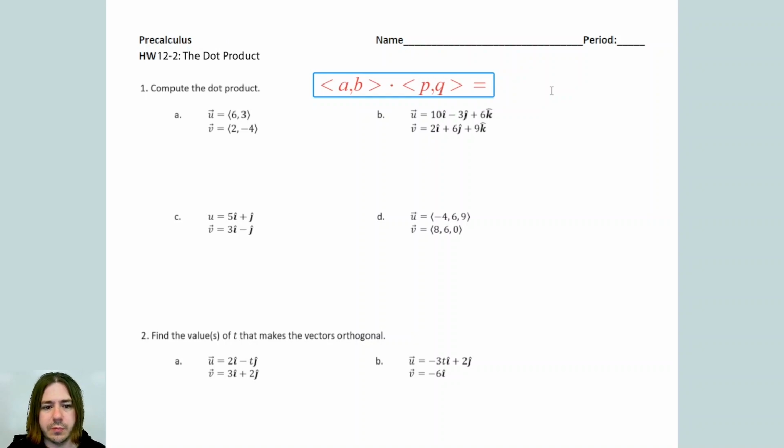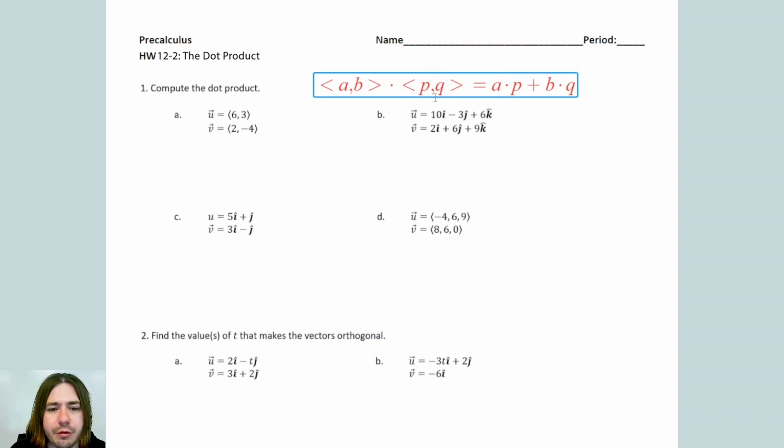So we multiply the x components, the horizontal components, A times P. Then we multiply the vertical components, B and Q, and then we add those two products. What we get is a scalar out of this.